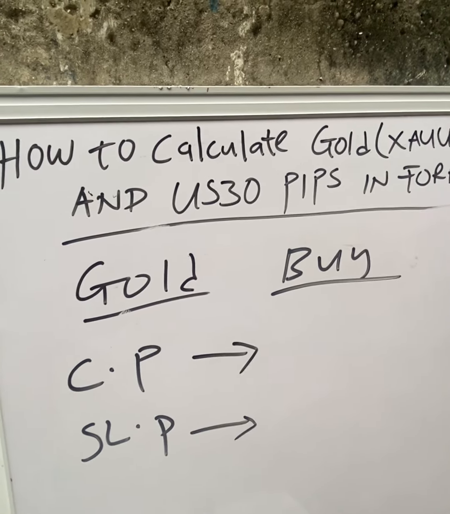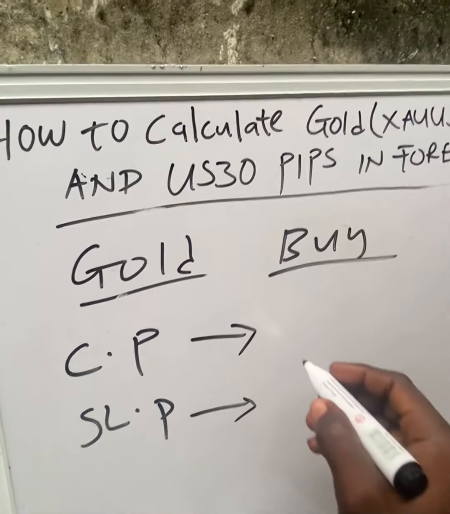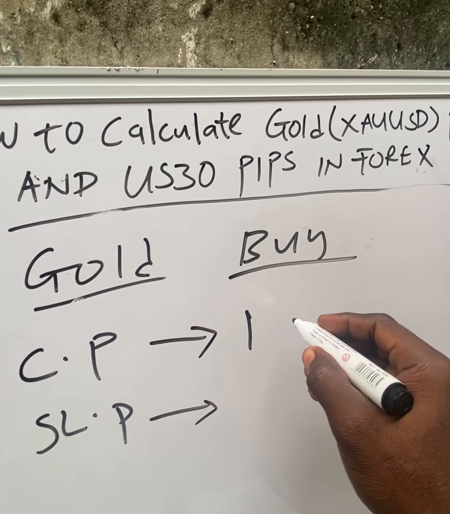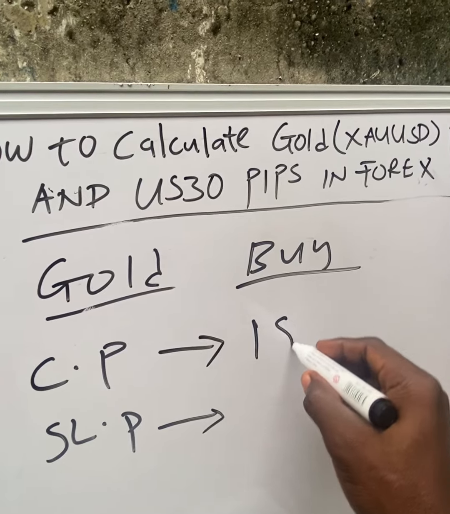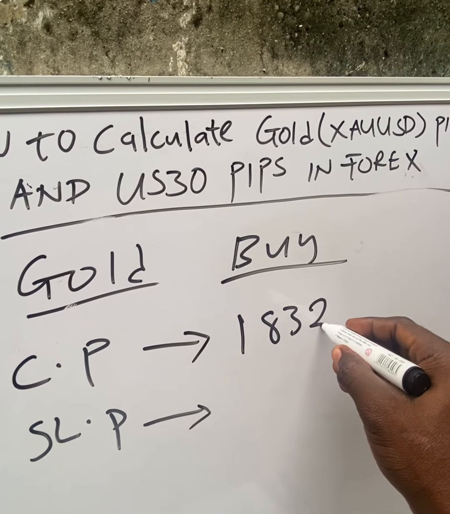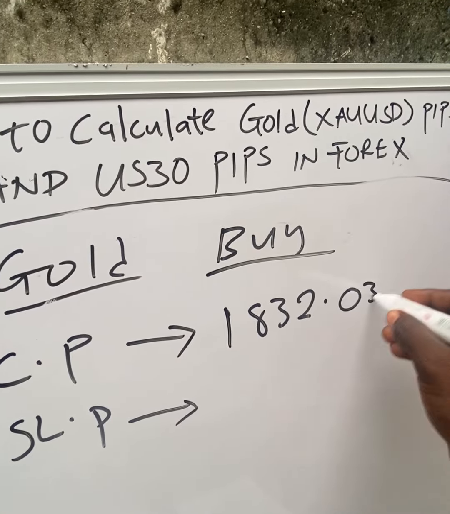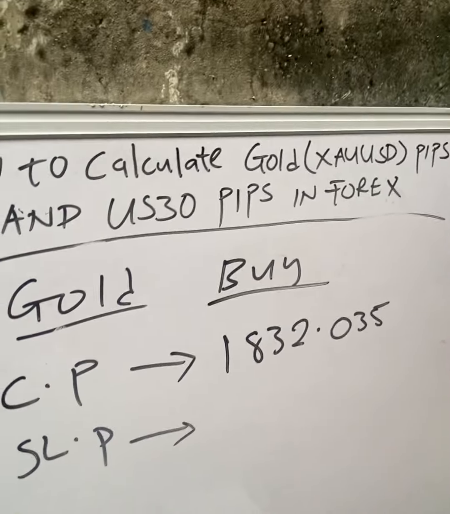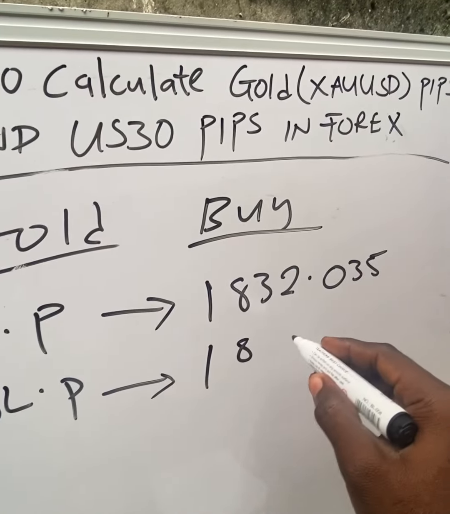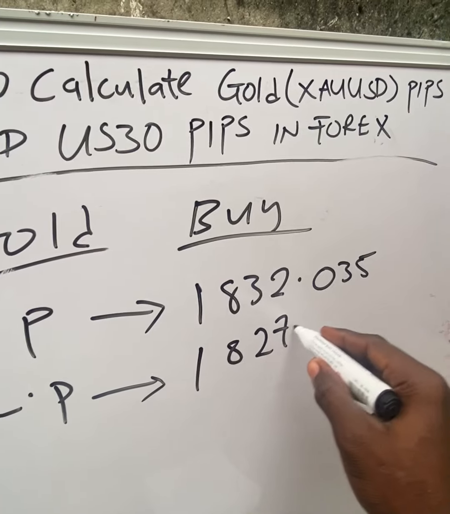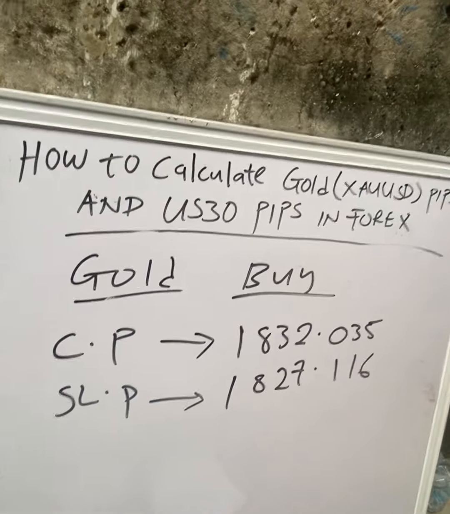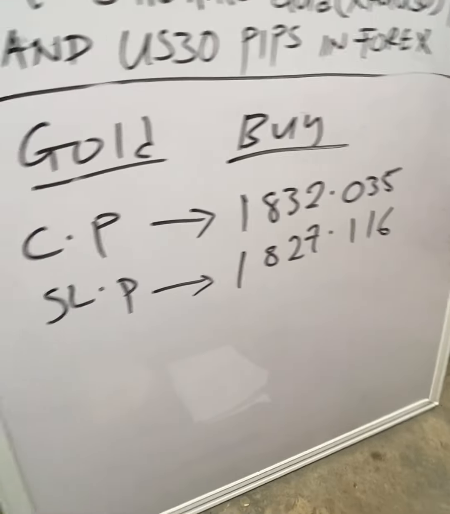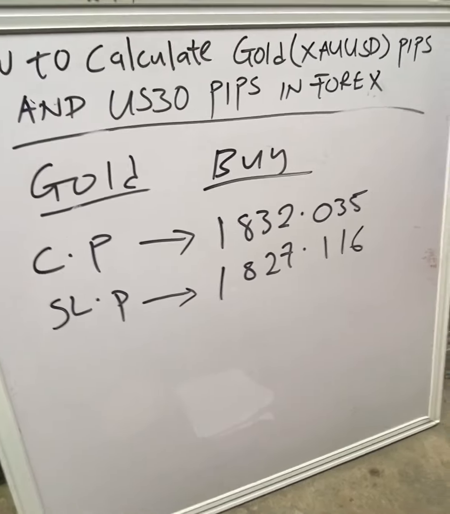So we have the current market price as 1832.035. We have the stop loss price as 1827.116. So how do we know the amount of pips we're risking on this trade? How do we know?